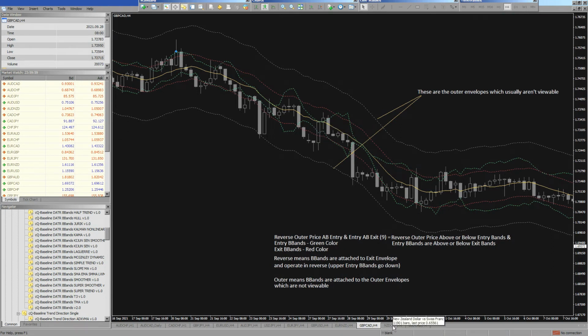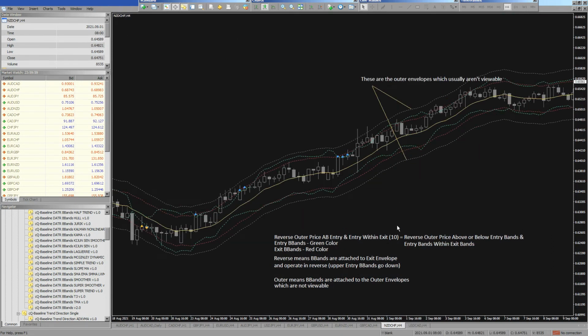Okay, that's that mode. This next show dots mode is the reverse outer when price is above or below the entry level, and the entry level is within the exit envelope. So, for example, this right here, price is above the entry B bands, and the entry band is within the exit.